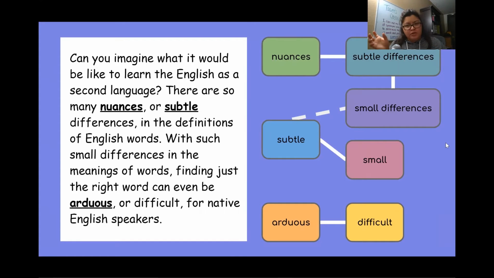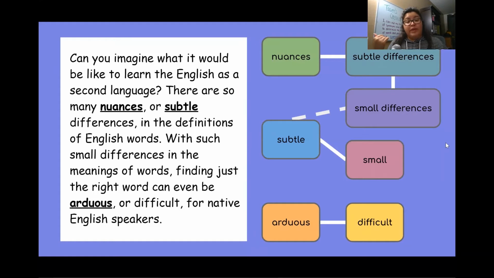But then subtle was an underlined word too. Do we know the meaning of subtle? When we keep reading, the next sentence says, with such small differences in the meanings of words, right? If nuances meant subtle differences, and then in the next sentence it says small differences, they mean the same thing, right?